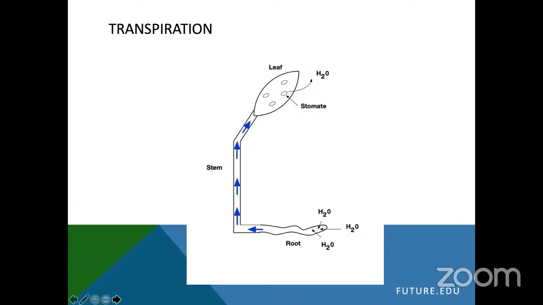At this point, the tree needs them to absorb water through its roots, transport that water up through its stem, out through its leaves, into its leaves, and out through little holes in the bottom of the leaves called stomates. The water evaporates out, comes in through the bottom, evaporates on out the top.